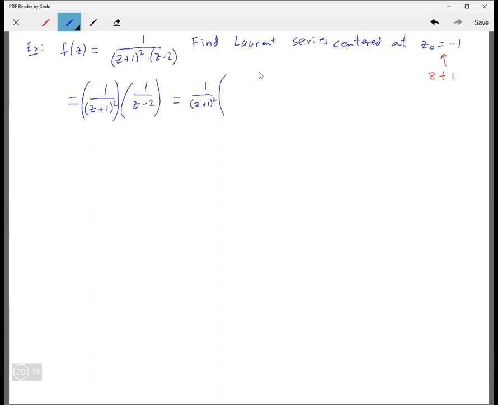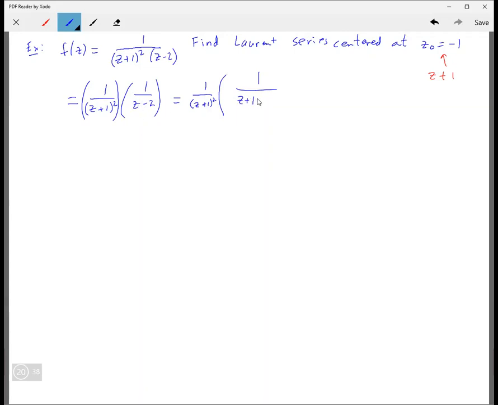So what you can do is manufacture a z plus 1. You don't see a z plus 1; this is z minus 2, right? But I want a z plus 1, so just put a z plus 1 there.